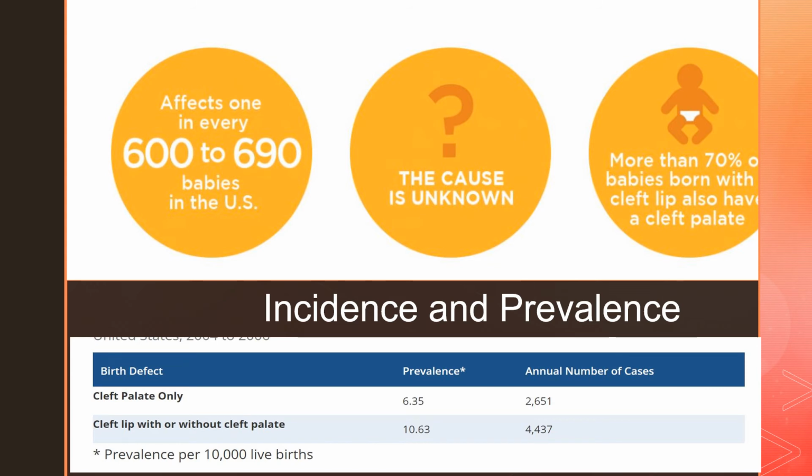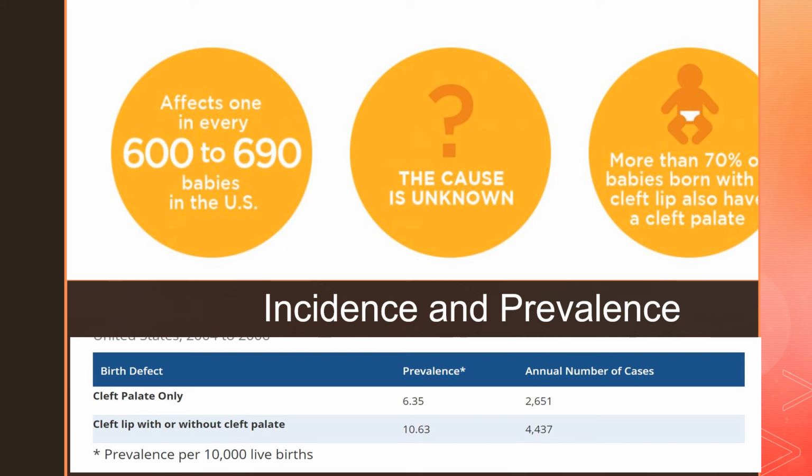So this is the incidence and prevalence slide. For this, I chose photos, and I feel like they both give good facts about incidence and prevalence of cleft lip and palate. For the incidence, it would be about 600 to 690 cases in the U.S. And for prevalence, the bottom one is prevalence, and for cleft palate only it is about 6.35, and the annual number is 2,651.